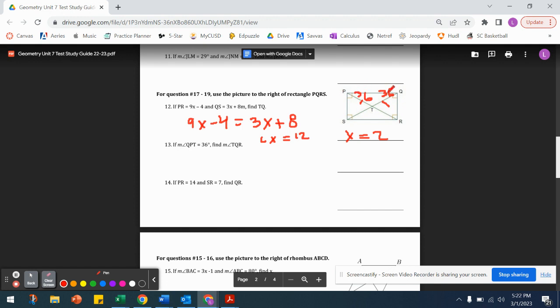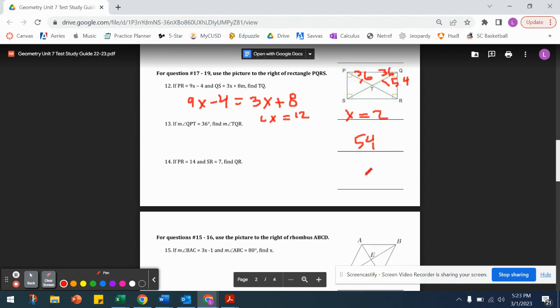So if this is 36 here, that's got to be 36 here. But that's not what it's asking for, because we want to know what this TQR on the other side is. Because you know that it's a rectangle and these are right angles, this angle has to be 54, because 54 and 36 add up to 90. So this is 54 degrees.